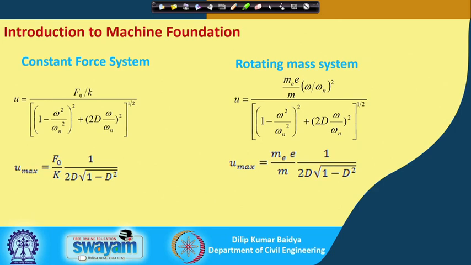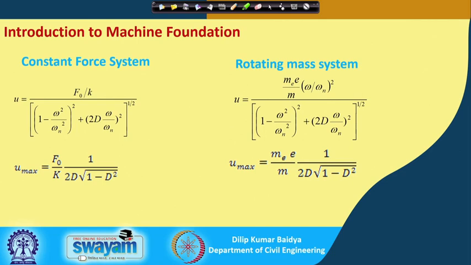In free vibration, of course, there can be many things like hammer foundation, or if you strike or blast, then slowly the initial amplitude will decrease; those are all free vibration. Now, if you have forced vibration and that too of sinusoidal type, then for that we have also discussed two types of force system.